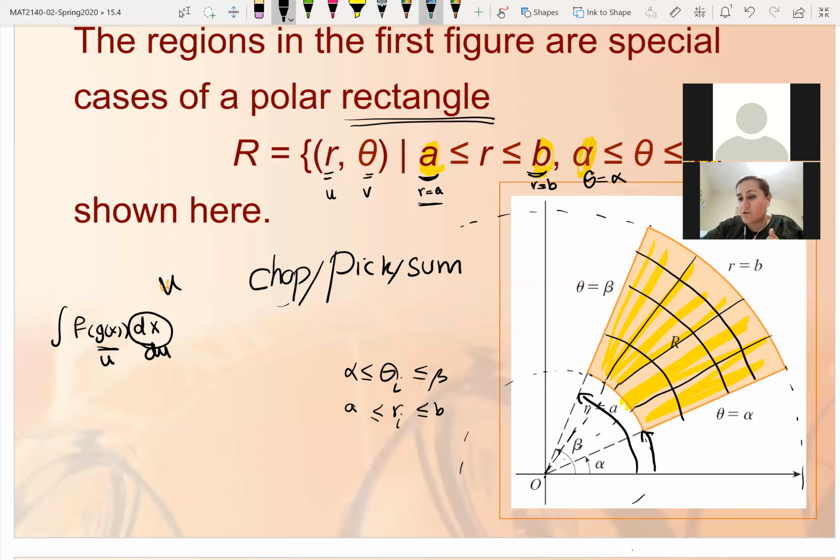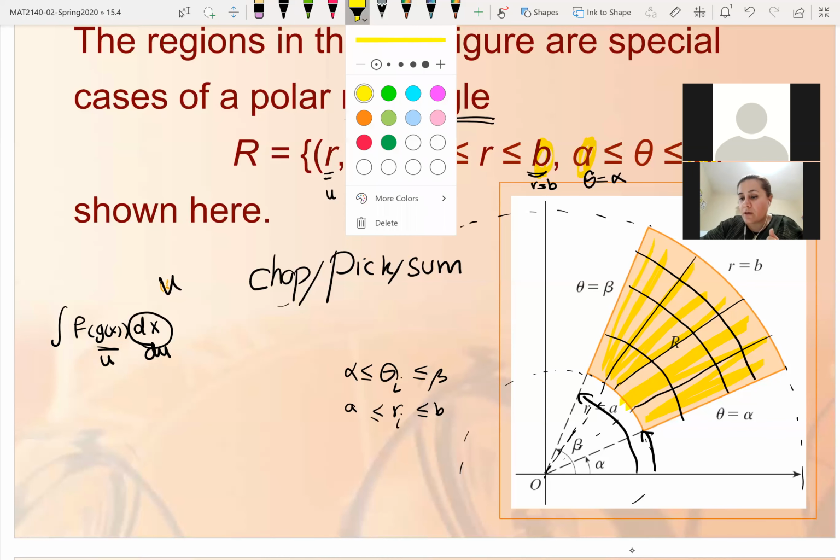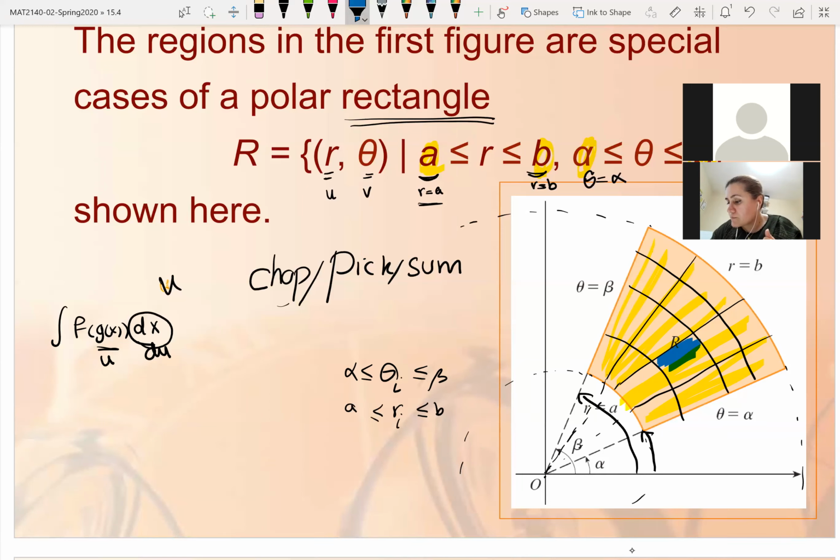So if you want to pick a lucky point right over here, this is just going to be the ith piece. I'm going to say that could be theta i, that could be theta i plus 1, and this could be r i, this is going to be r i plus 1.